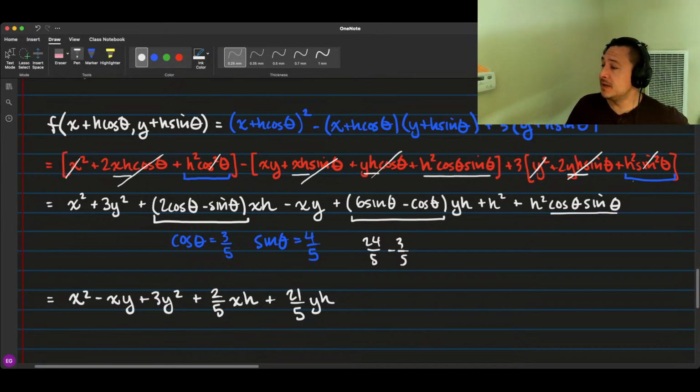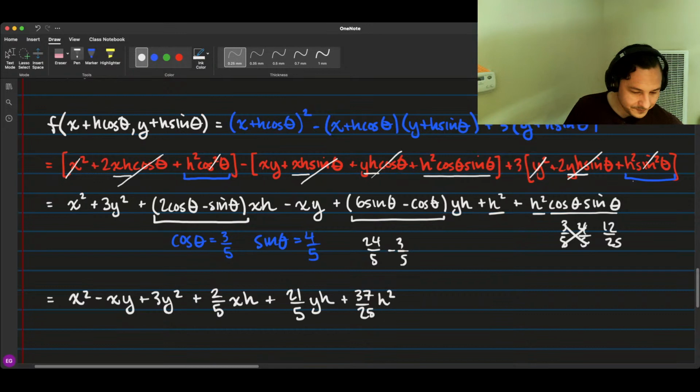Okay, and then what's this one? That's going to be 3/5 times 4/5, which is 12/25. So you're going to have h squared plus 12/25 h squared. What's 25 plus 12? 37. Yeah, thank you. 37/25 h squared.